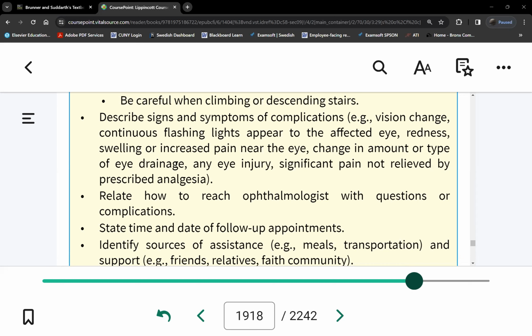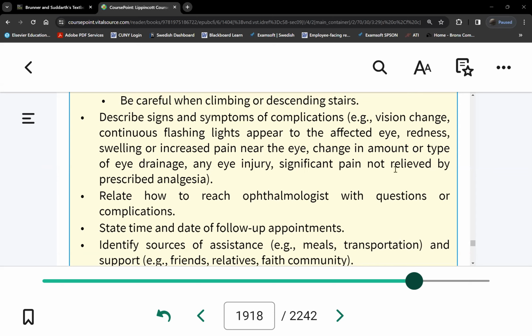As long as it's dry and crusty, it's okay. However, if it's wet and creamy and yellow, orange, green, is that normal? Anything colorful like that is never normal. So that's referring to the change in the amount or type of eye drainage. When it's dry and crusty, is it possible to be yellow sometimes? Yeah, it's okay as long as it's dry though.